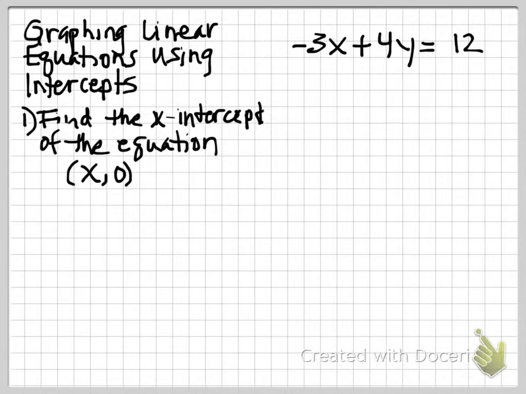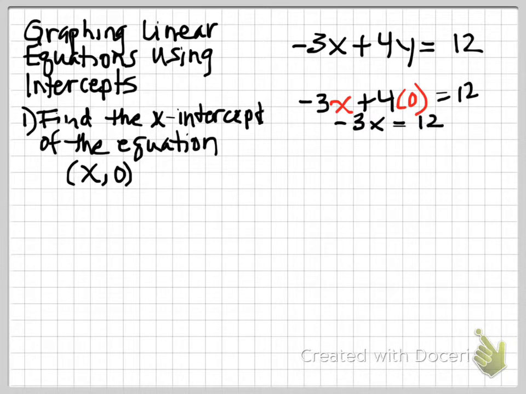So in our equation, what we're going to do is take negative 3. We're going to keep x as x, because that's what we're trying to figure out, is what does x equal. And then we have plus 4, but we're going to replace y with 0, and that equals 12. So really what this boils down to is negative 3x equals 12.